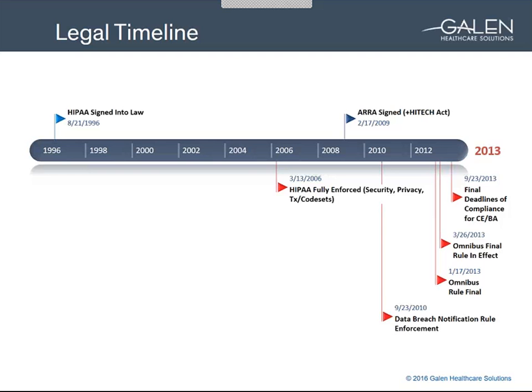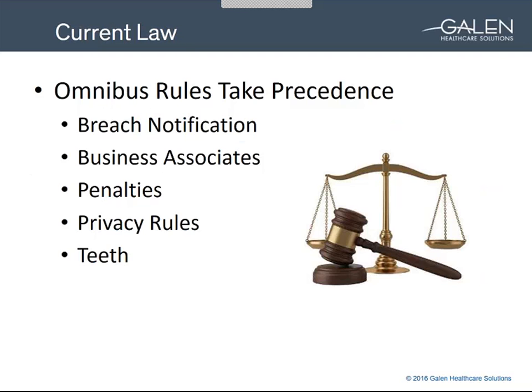So a key takeaway from that legal timeline is that the omnibus rules both clarified and in some ways changed some of the original HITECH / HIPAA legislation. And the big key ways in which it changed that legislation were related to breach notification, what the requirements for business associates are, and in addition to business associates, clarifying the difference or the lack thereof in this case of a business associate versus a subcontractor of that business associate.